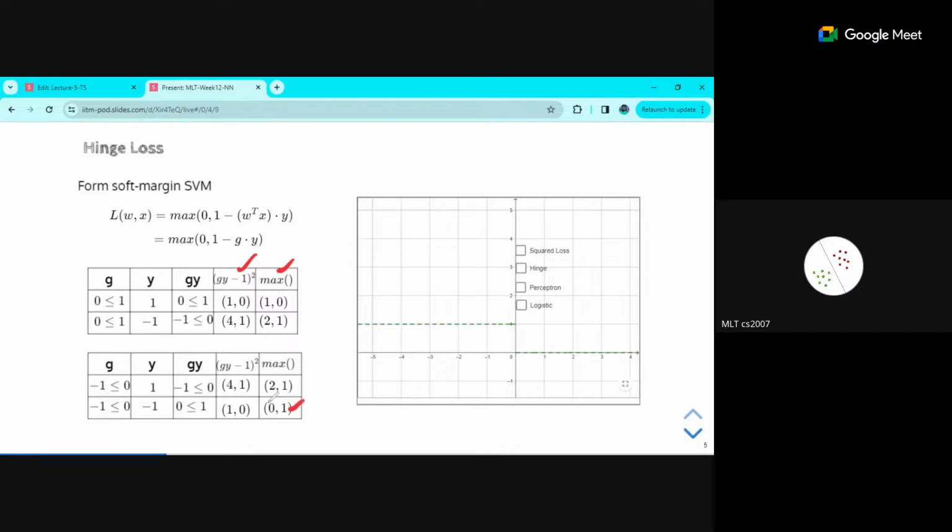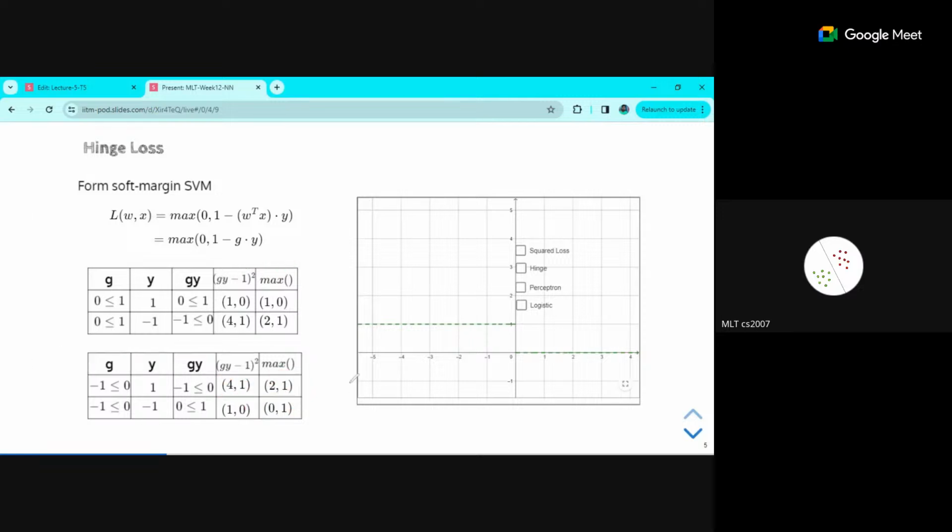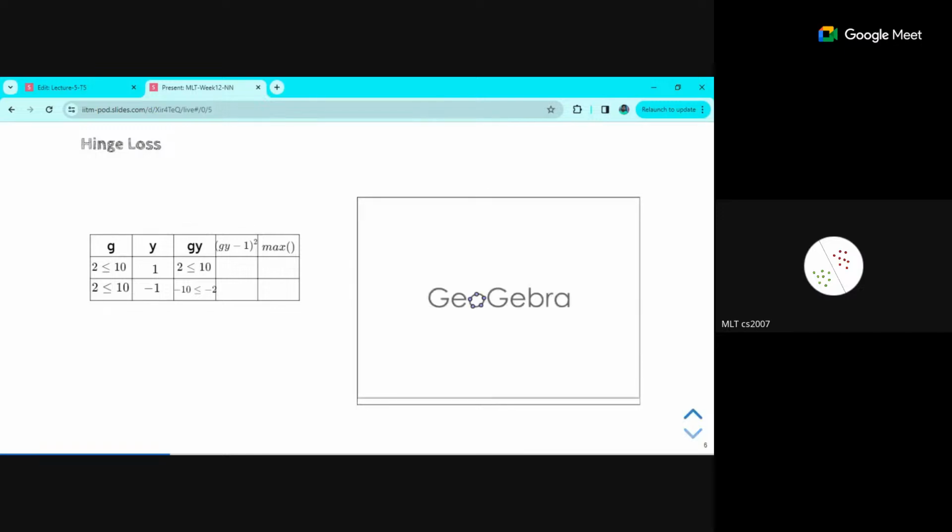Correct classification is fine, but for misclassification the squared loss is penalizing heavily, while this loss function is not penalizing that much. That makes sense. But if that is the case, then why should I use hinge loss? So let's look at that aspect as well.